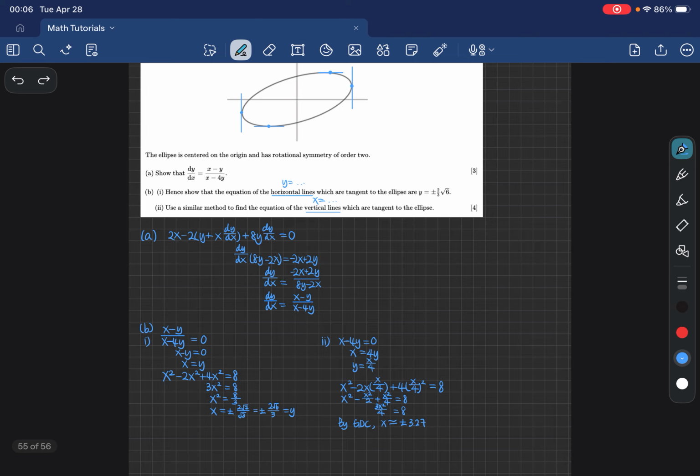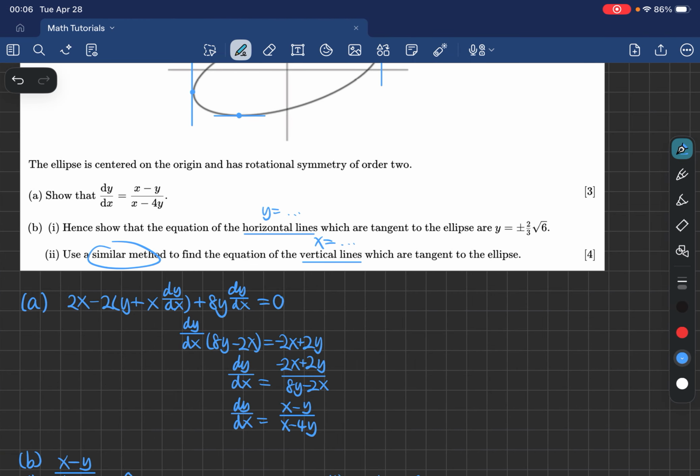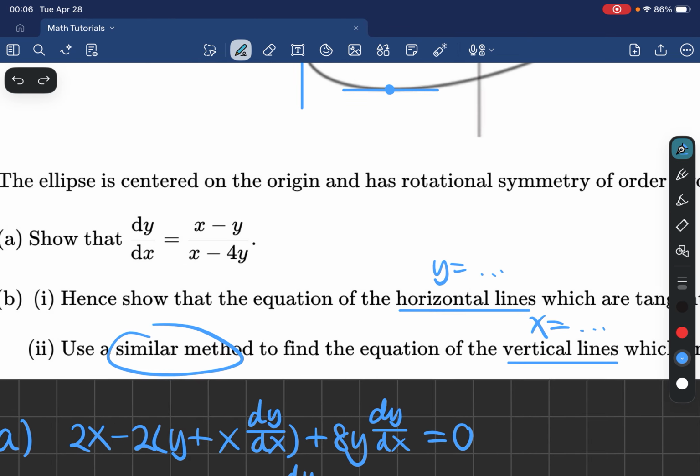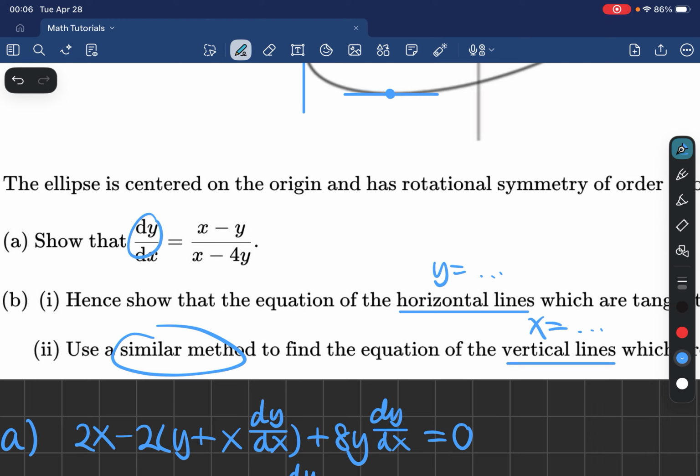And now use a similar method to find the equation of the vertical lines which are tangent to the ellipse. So on this ellipse, the only 2 places that the tangent can be vertical is here and there, right? So now remember, a vertical tangent is when this thing becomes something divided by 0, so it becomes extremely steep.